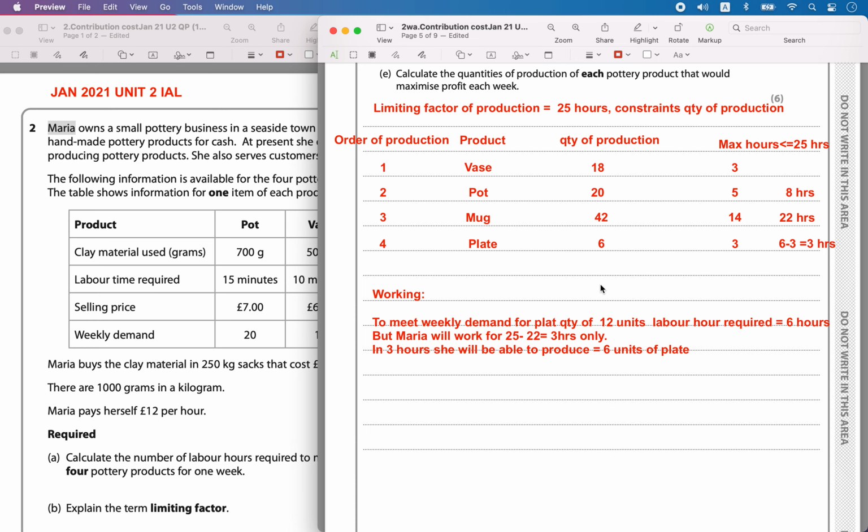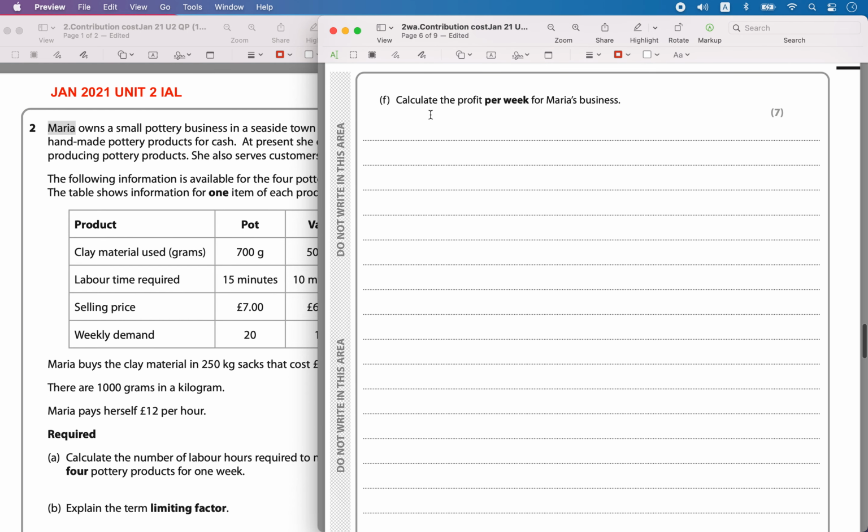This is the quantity of production that is possible because of the constraint she has. This is how you show the quantities of production of each product, which helps you maximize the profit each week because there is a constraint of labor hours.